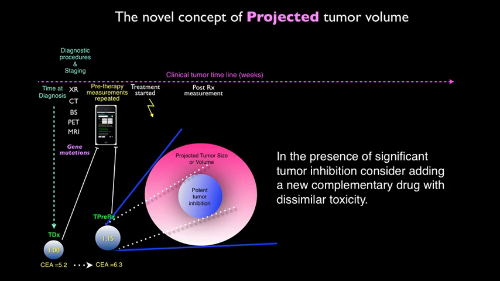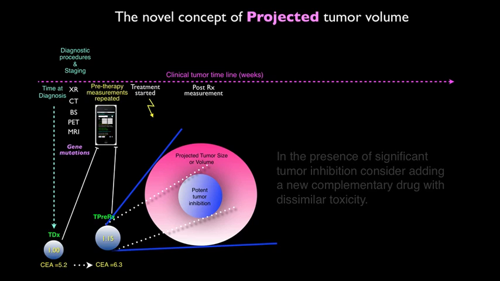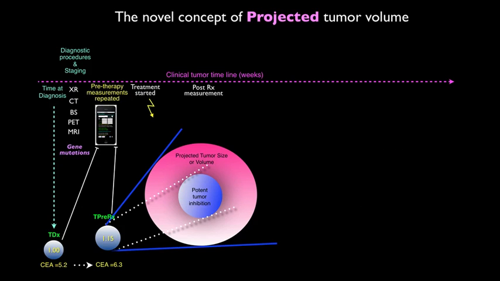In a recent study, elotuzumab alone induced unimpressive stable disease in advanced resistant myeloma. However, when adding Decadron and lenalidomide, an impressive 80% response rate was observed.